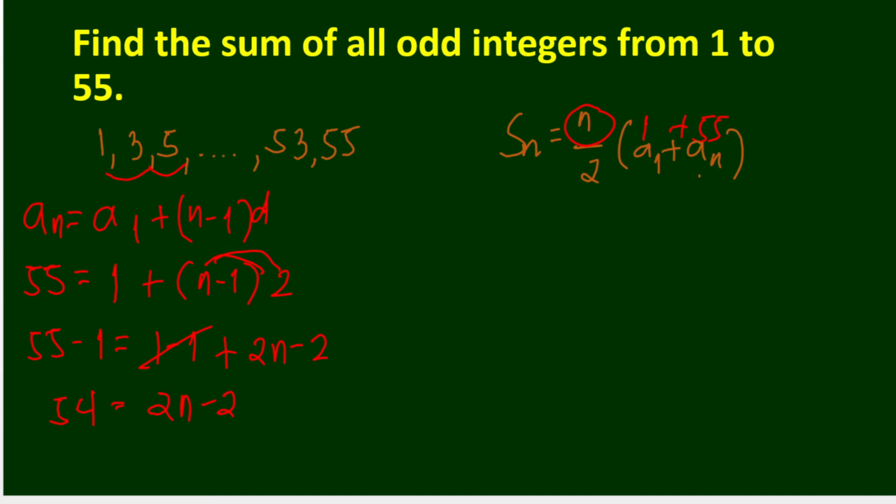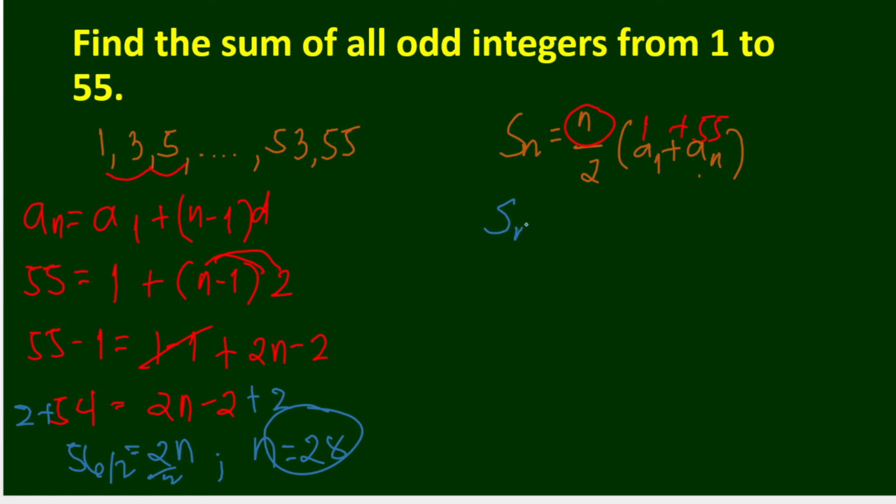And then, add tayo ng 2 sa bawat sides, plus 2 plus 2. So, we have 56 is equal to 2n. Divided by 2 both sides. This will give us n is equal to, what is 56 divided by 2? We have 28. So we have 28 terms.